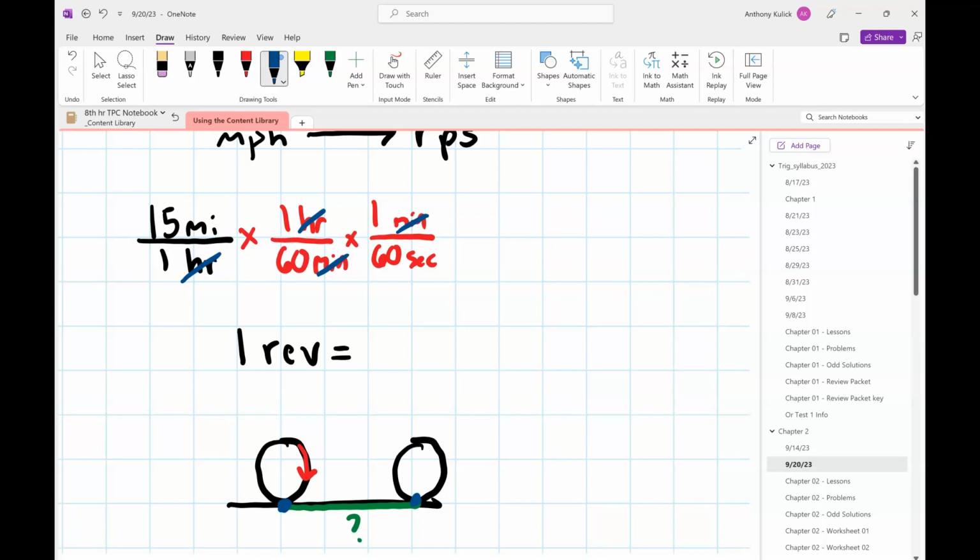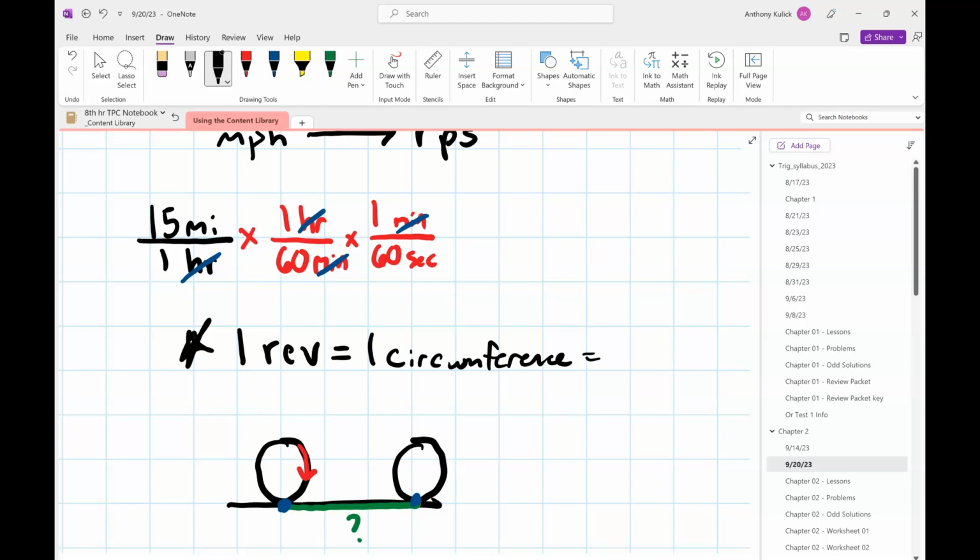So if every one of those points on the exterior of the circle touch the ground, then one revolution is just one circumference, right? That's our key.